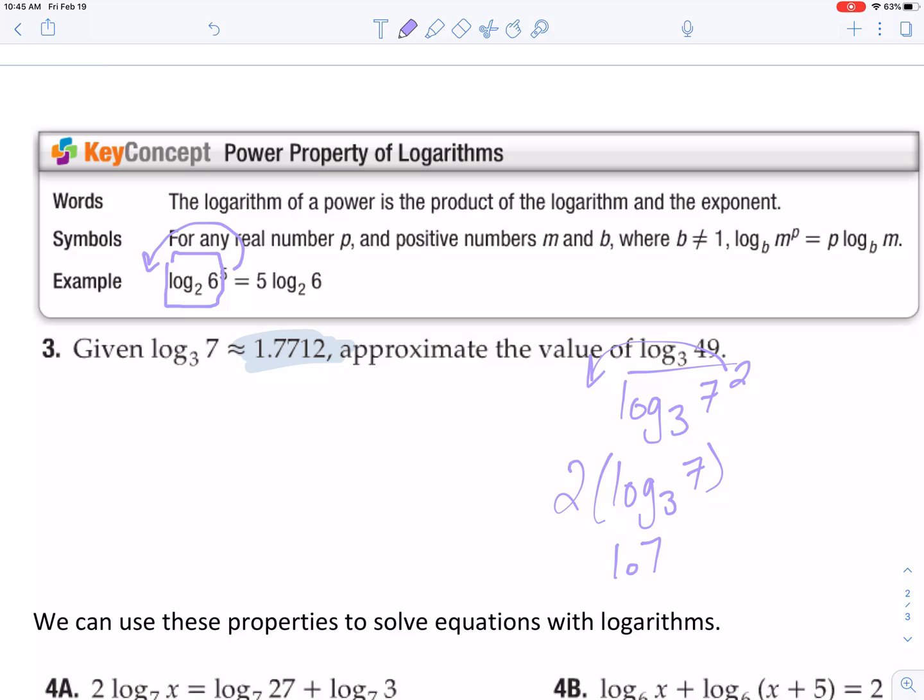So that's just 1.7712 being multiplied by 2. And then you can either plug that into your calculator, or if you've got pretty good mental math, that's 4, 2, that's going to be a 14, carry the 1. And that'll be my answer.